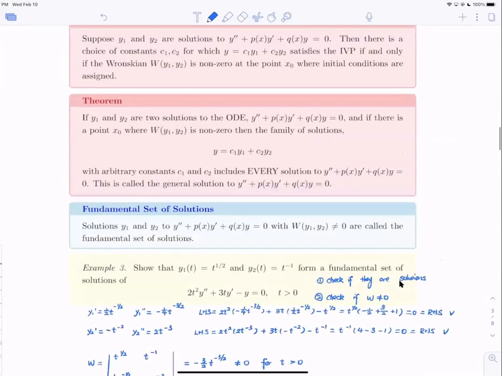Because right here, a set of solutions with this not equal to 0 is called a fundamental set of solutions. But let me see what your homework is asking.